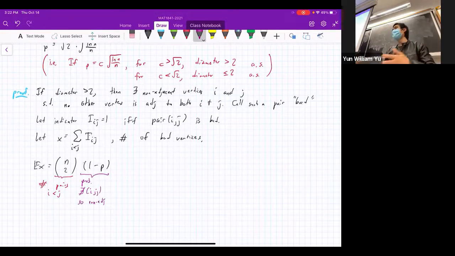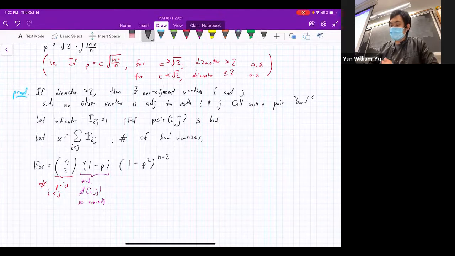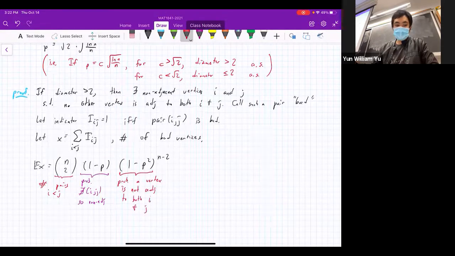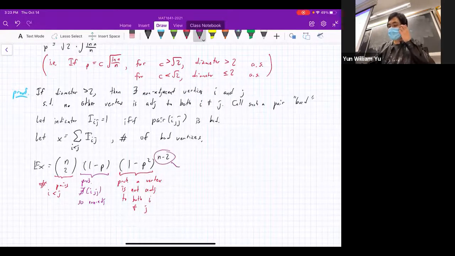With probability p there is an edge, so with probability 1 minus p there isn't an edge. Additionally, we have probability (1 minus p squared) to the n minus 2. This part comes from the probability that a vertex is not adjacent to both i and j, and this exponent is just the number of other vertices.